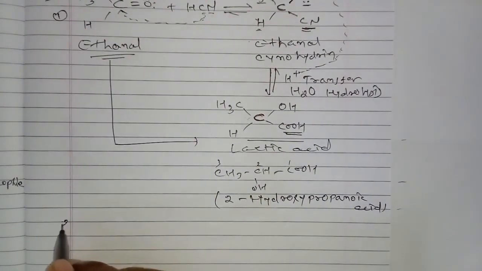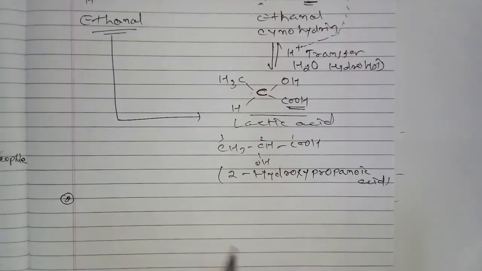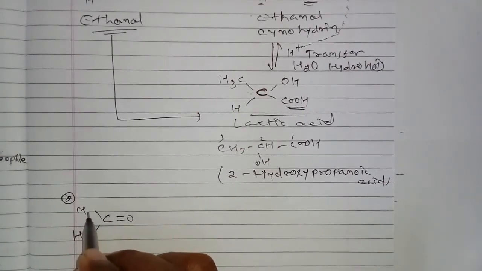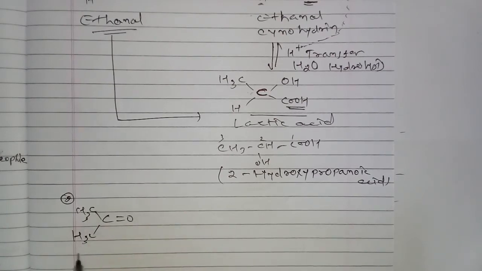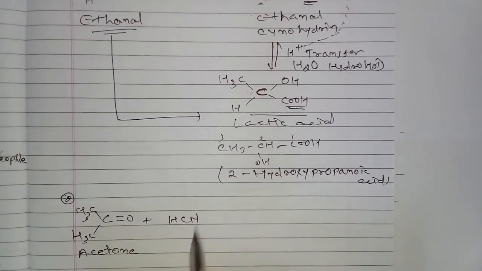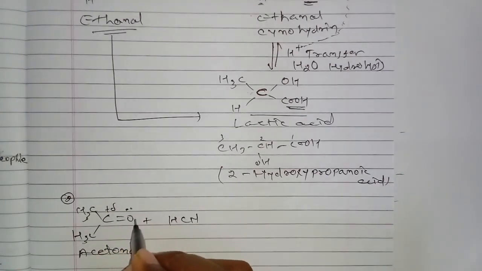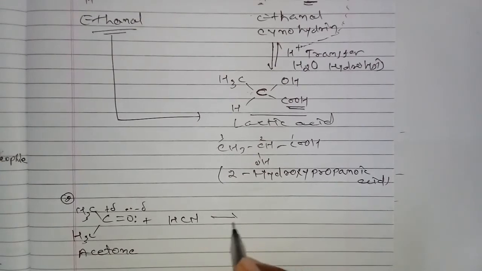Number 2, ketone. CH3, this is acetone, with hydrogen cyanide HCN, positive charge, and here negative charge. In the first step cyanohydrin is formed.